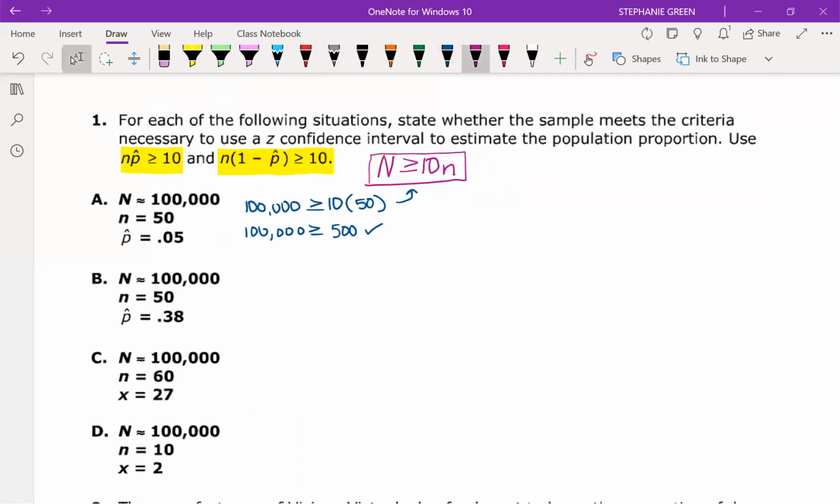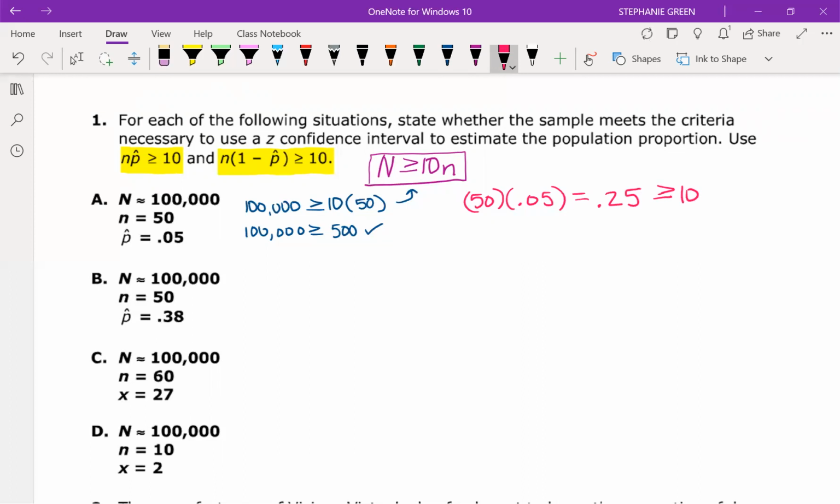Now that we know it's a binomial distribution, can we use normal approximation? So we check n times p hat first. n is 50, p hat is 0.05. n times p hat then is 0.25. This number needs to be greater than or equal to 10.